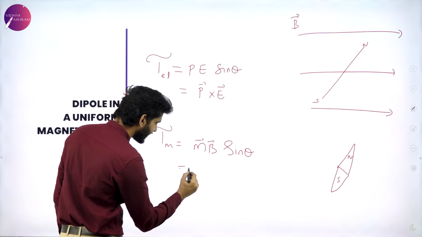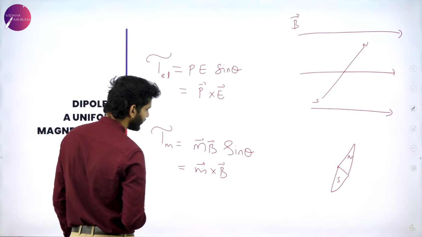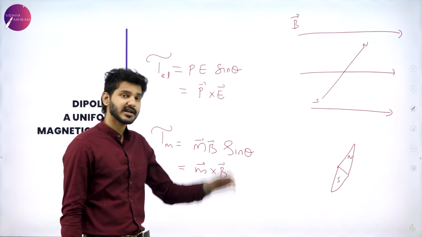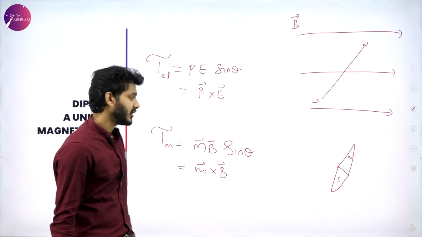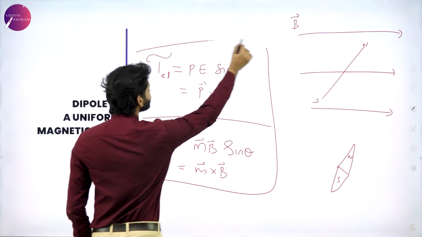So we can write it as vector M cross vector B. This is the equation to find the torque experienced by a magnetic dipole kept in a magnetic field. So again, it is just a comparative study.